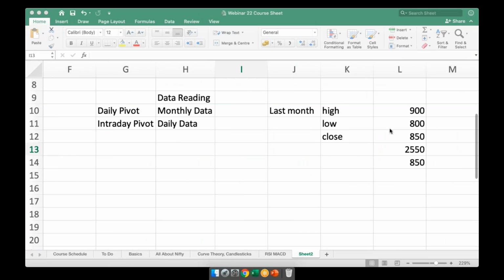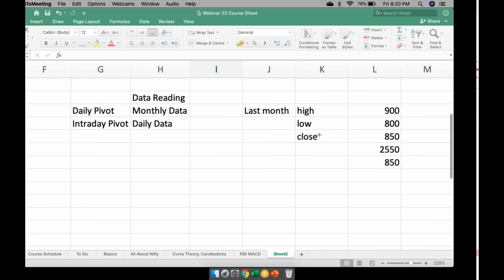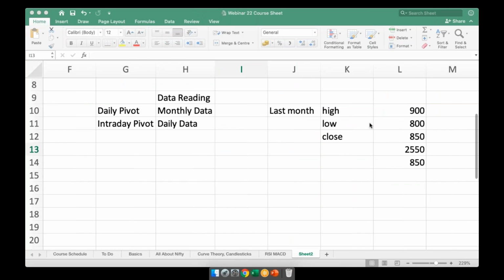Let's see. We don't use only the pivot points for generating the Nifty levels. We also use different parameters.